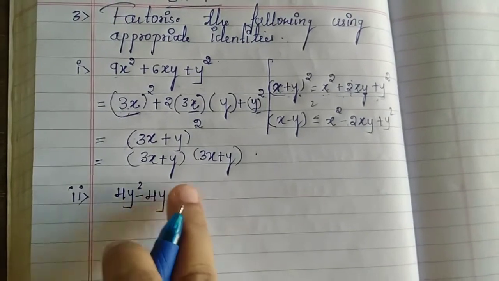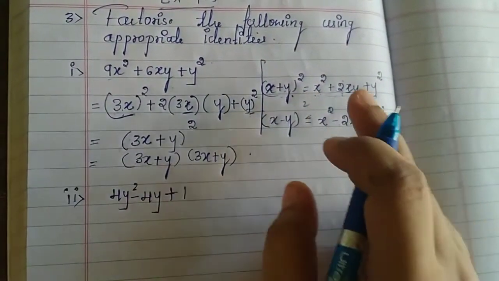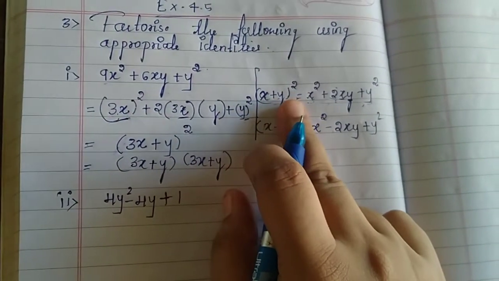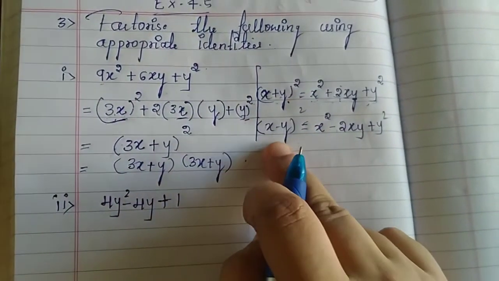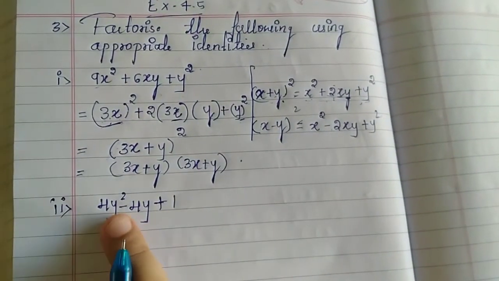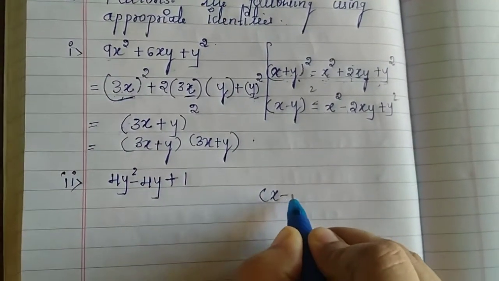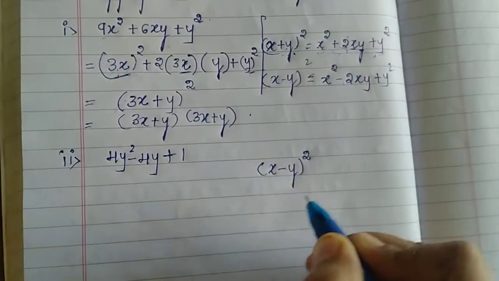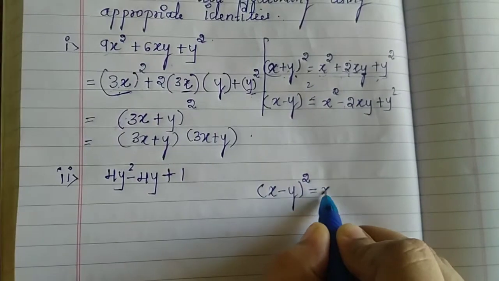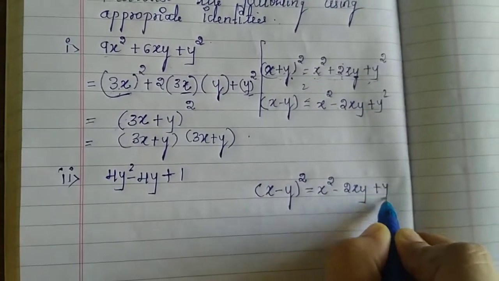I told you whenever three terms come, you just consider or guess whether it may be the x plus y whole square identity, or the x minus y whole square identity. Here you can see the minus sign came, so it is the x minus y whole square identity. So this will be equal to x square minus 2xy plus y square.